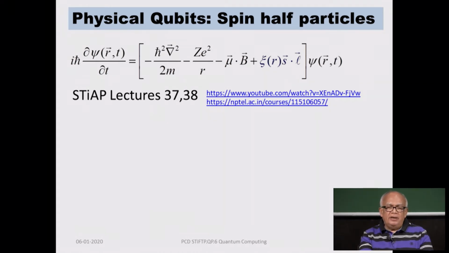You can go through that, but what we are going to focus our attention on in this class is the mu dot B term. It's the minus mu dot B term. So you have an angular momentum associated with which there is a magnetic moment, and you are going to control this magnetic moment, the projection of this magnetic moment about the axis of quantization, using magnetic fields.